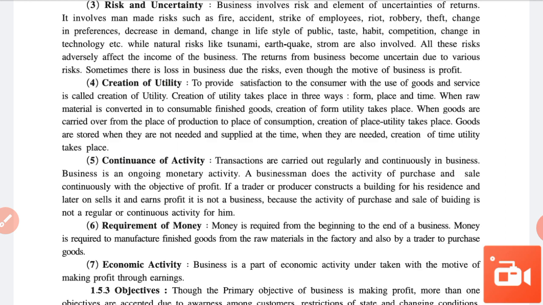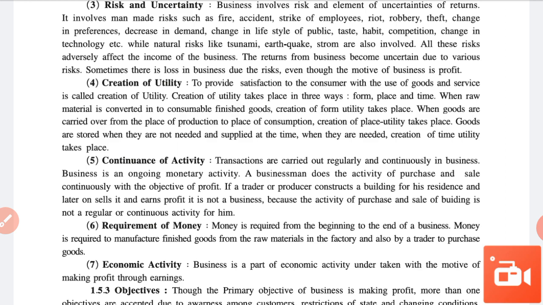Creation of utility takes place in three ways: form, place and time. Please underline: creation of utility in three ways: form, place and time. When raw material is converted into consumable finished goods, it is called creation of form utility, because the form of the product is changing from raw material to consumable finished goods.